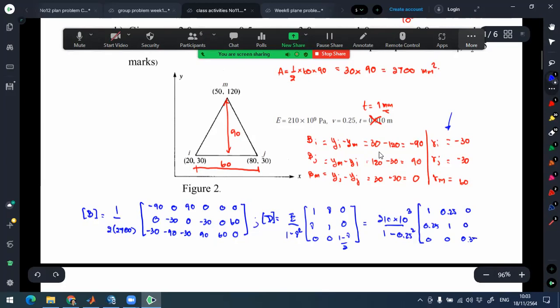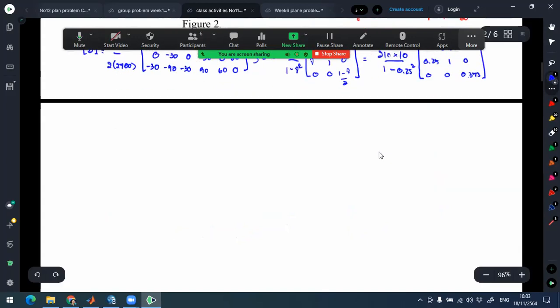We have matrix B already, then you can solve for matrix K. K is equal to t times A times B transpose D B. T is constant, which we already know, and A we already determined.